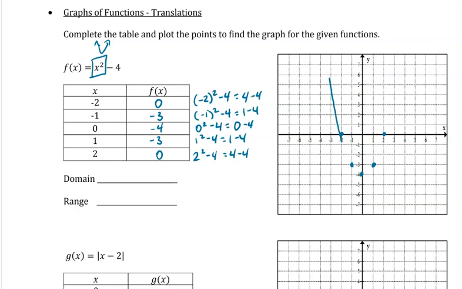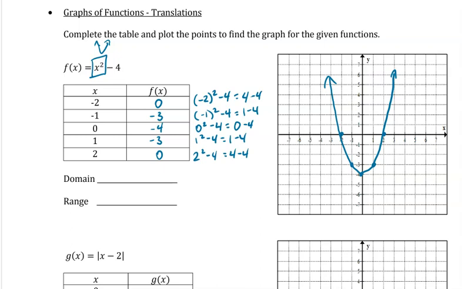If we draw that same U shape to connect all of these up, then you can see it's the same exact shape as before, but specifically what happened to it?